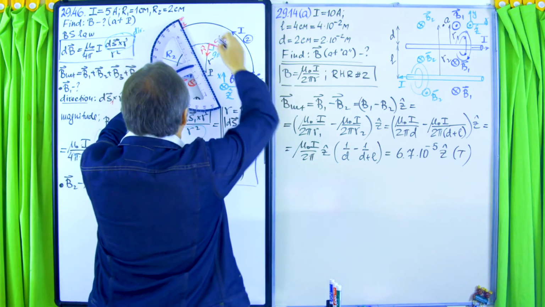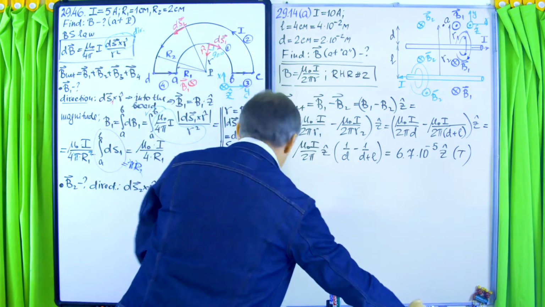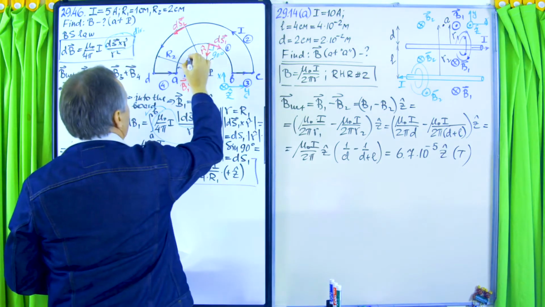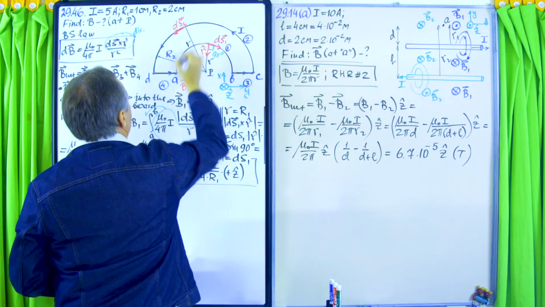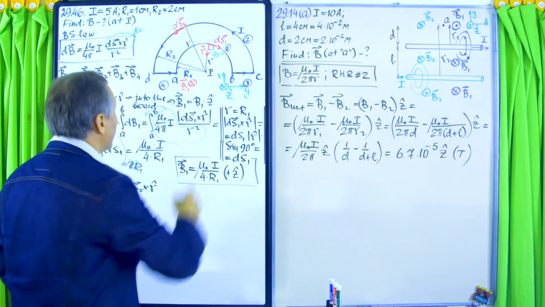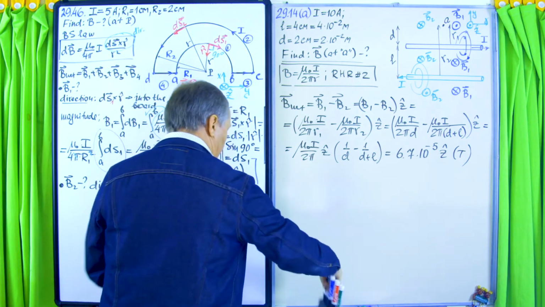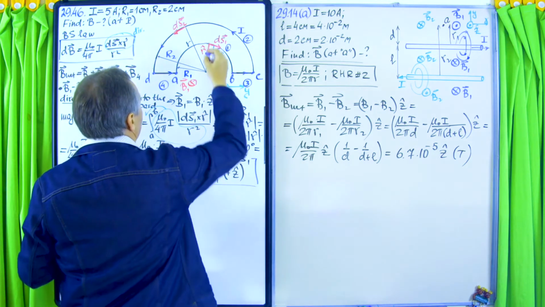So this will be r, right? This distance r, and r hat. You know what? I should have used a different color for r hat, maybe blue.